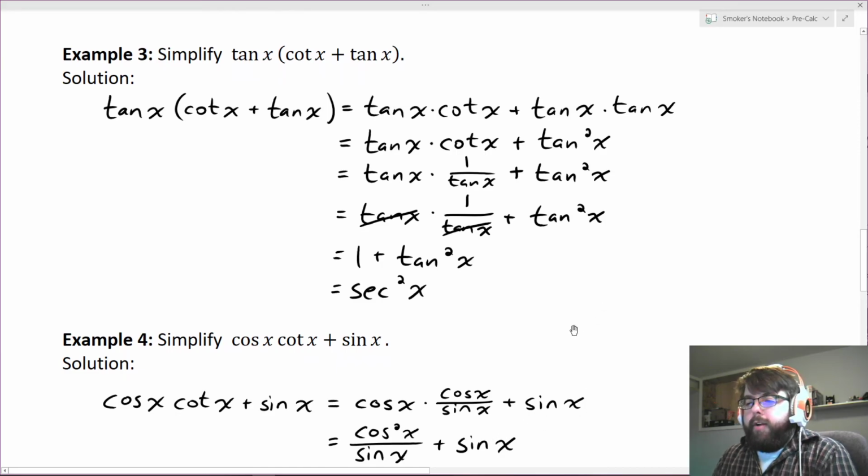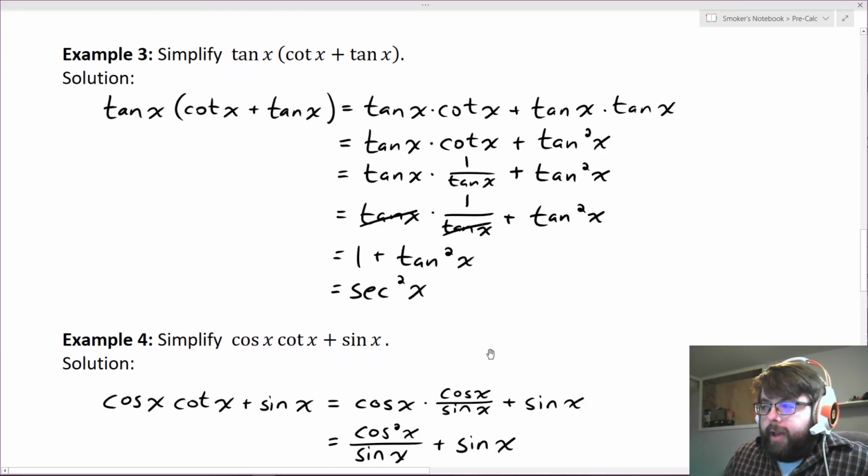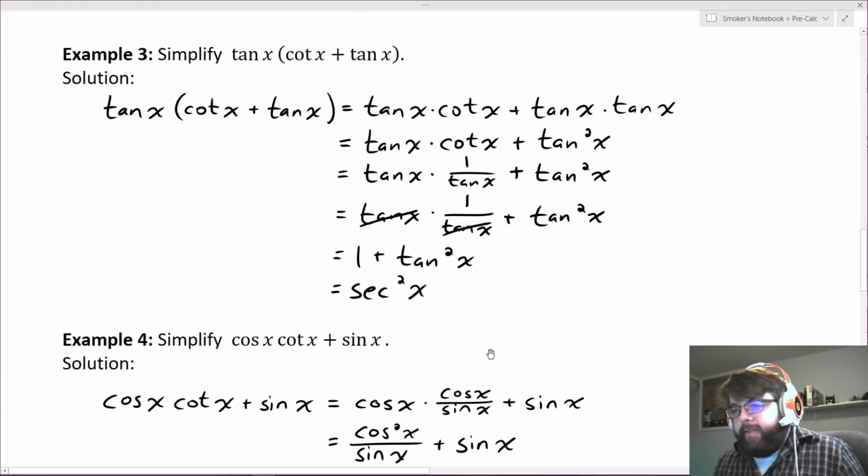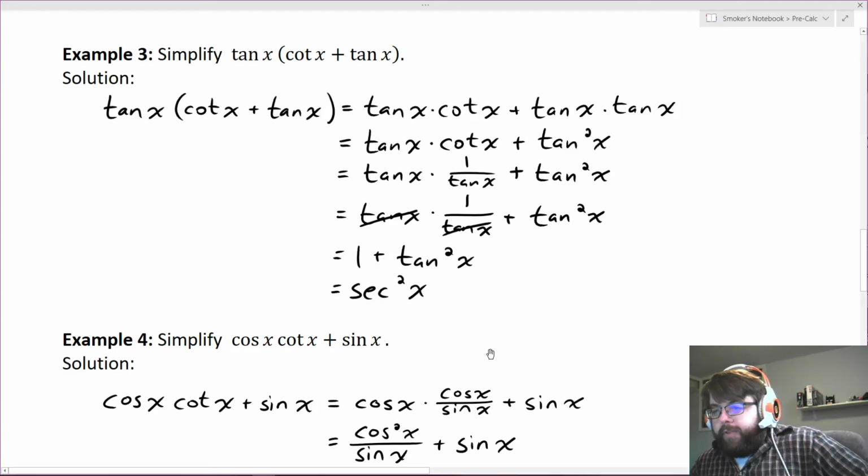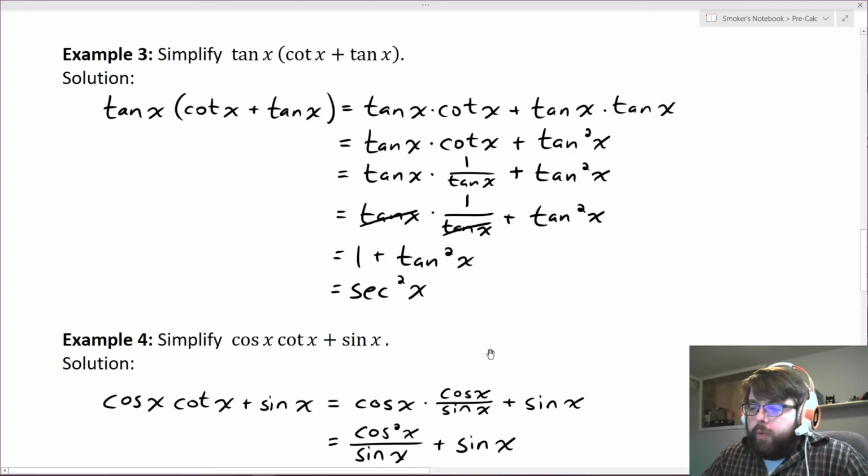So what do we do at this point? Well, I was saying if you get stuck, change everything to sine and cosine. Everything is in sine and cosine, right? So what I want to do at this point is try to add these 2 trig functions together. That's another thing that might be helpful: if you get stuck and there's a plus or a minus, try to combine them.